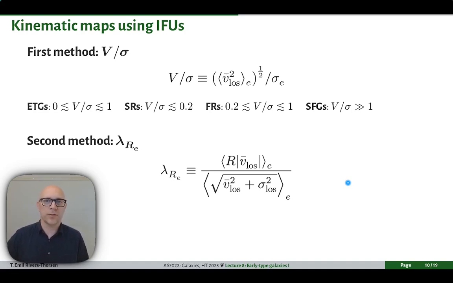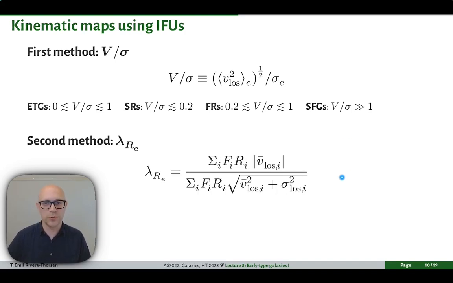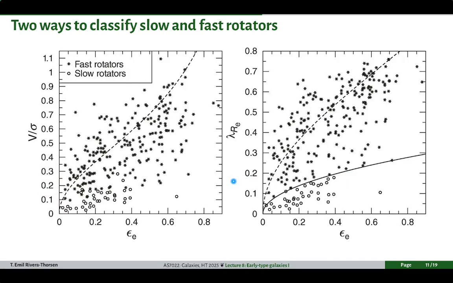In practice, this here is a measurement that is done in isophotes or in bins of isophotes in principle, but in practice, what we will do is basically just do these measurements in the individual pixels of an IFU observation instead. And once we have these quantities, we can then plop them into a diagram like this.